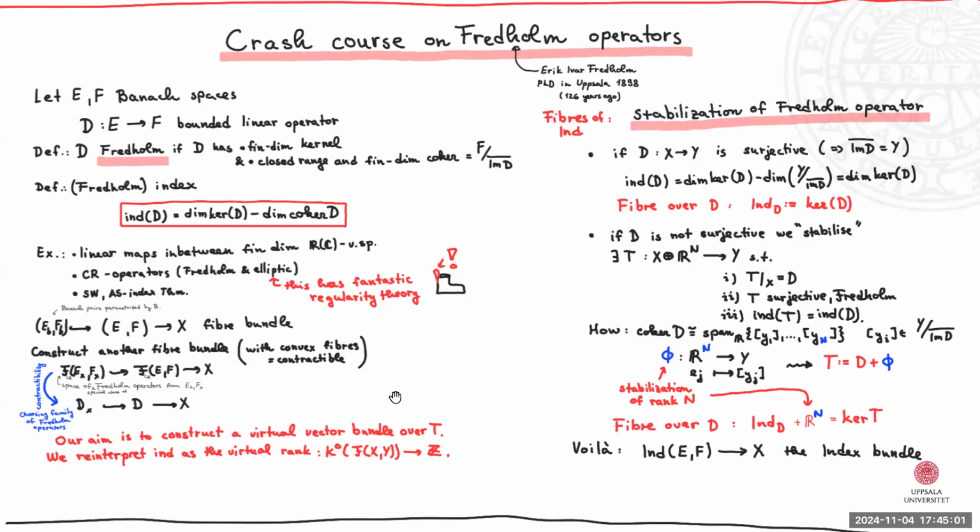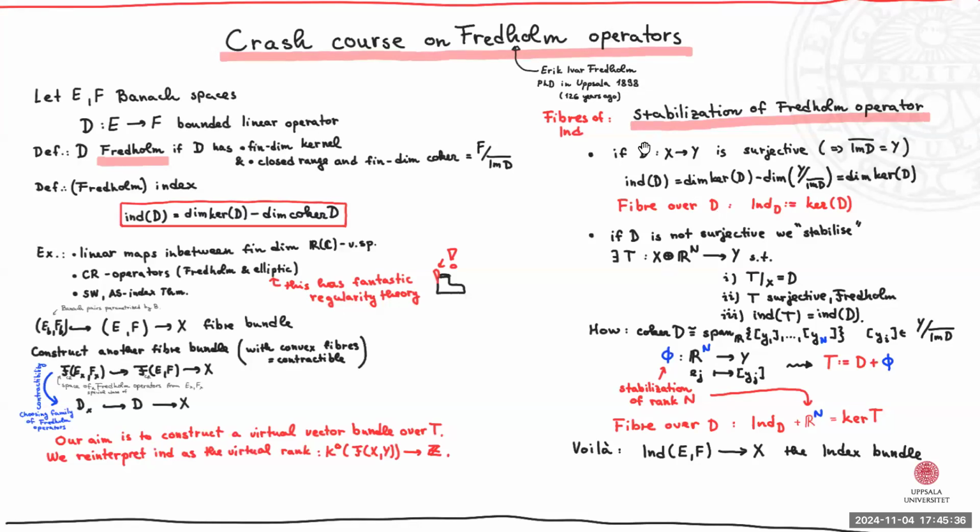Okay, so what are going to be the fibers of this virtual vector bundle? For that, we need to talk a bit more about linear algebra, which should also hint to homotopy people why we care about suspension spectra. If your Fredholm operator is surjective, the co-kernel is just 0, and its index is just its kernel.